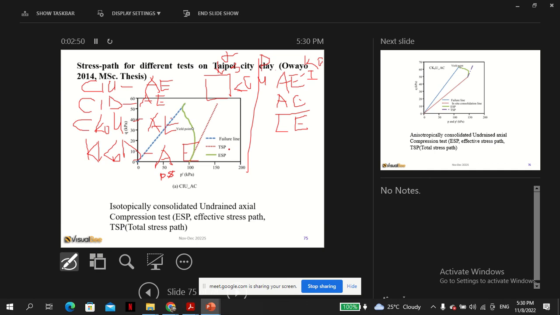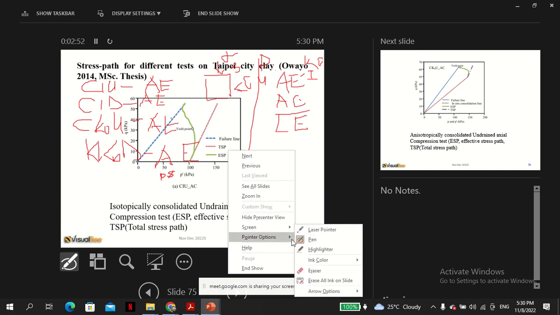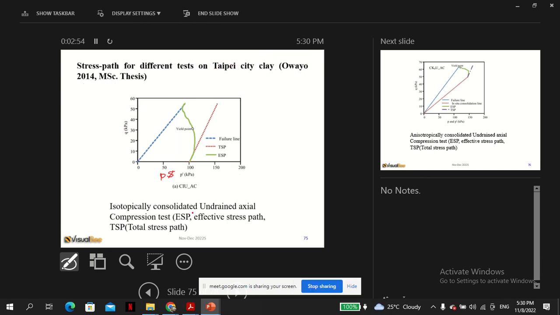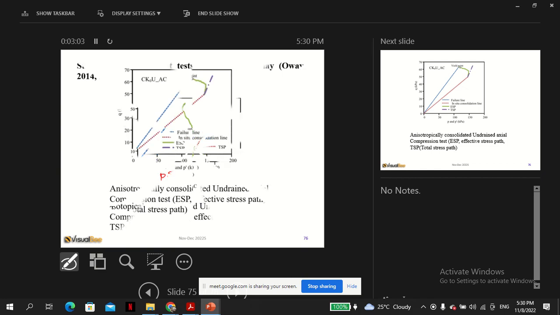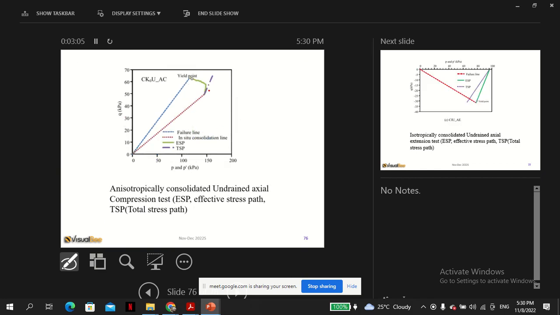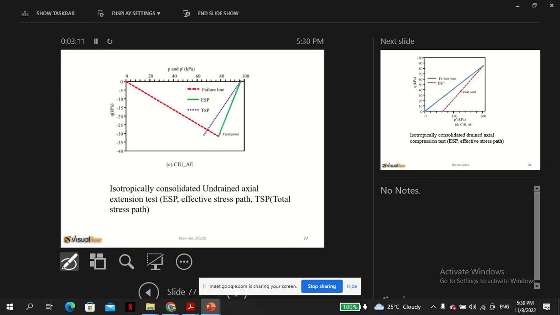Some examples which you are expected to know. For this CIUAC test, this is the effective and total stress path from my thesis. Now this is K naught consolidation for CK naught UAC, and now you should be very clear what each of these means. For axial extension test, this is the idea.